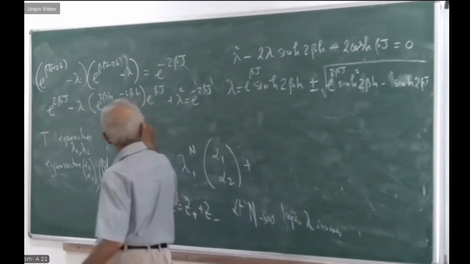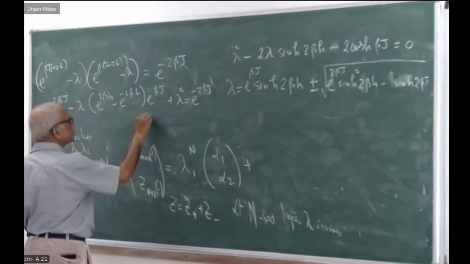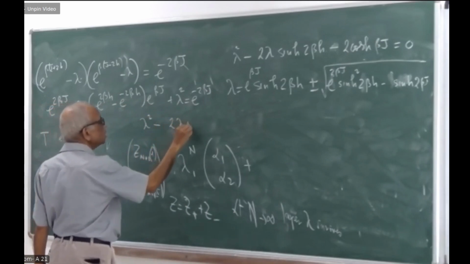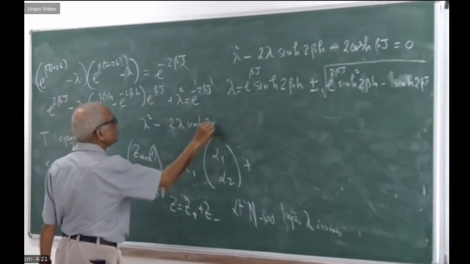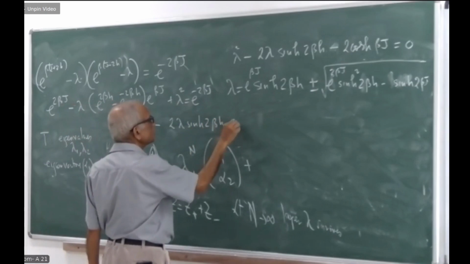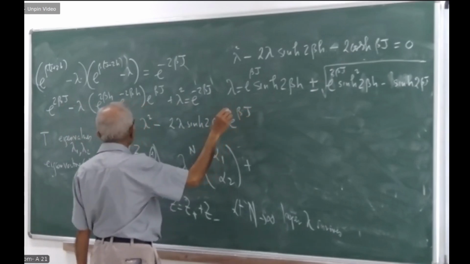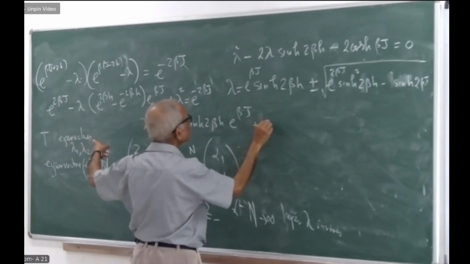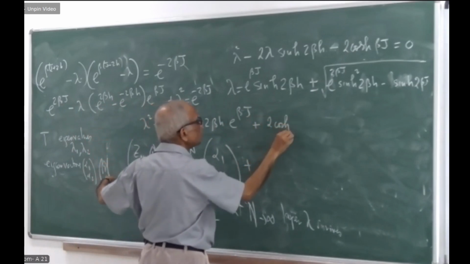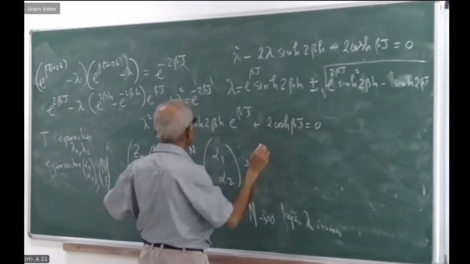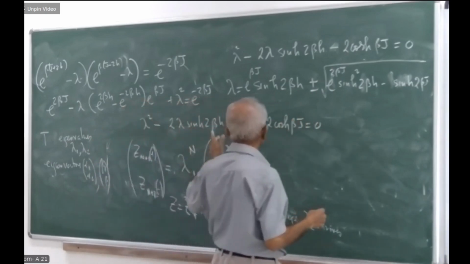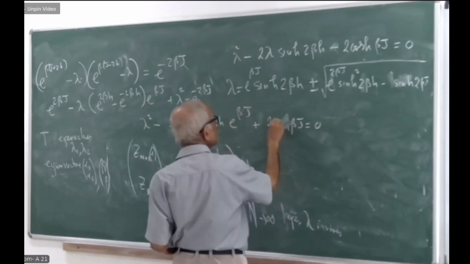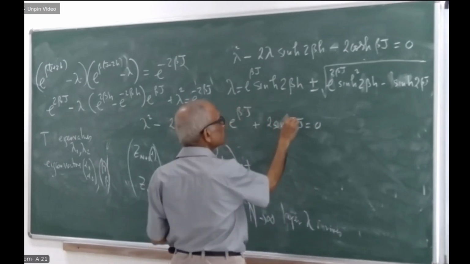Sorry, so lambda squared minus 2 lambda sinh 2 beta h e to the power beta J plus 2 cosh beta J is equal to 0. Yes.